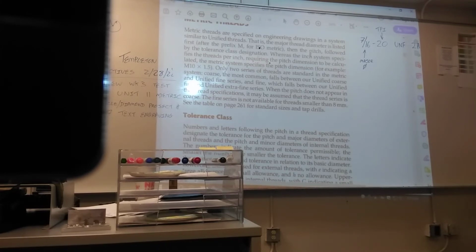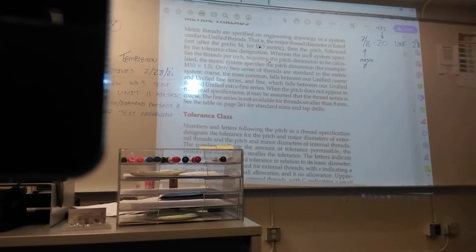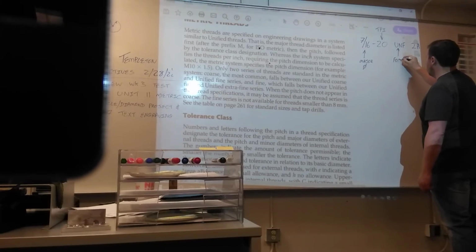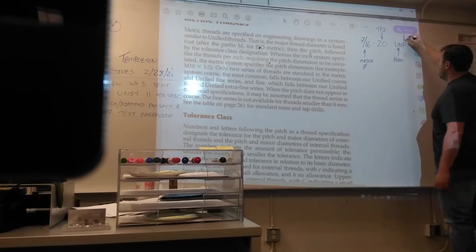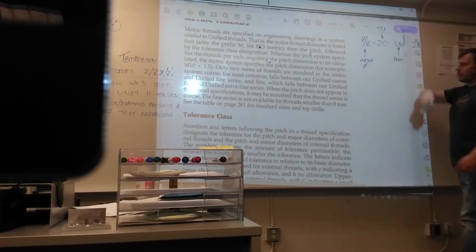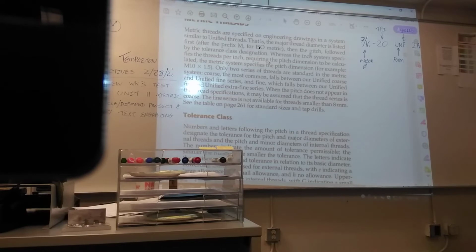The series. The form. The shape of the thread. Right? The shape of the thread. Form. The other one is this. The class of fit is 2. F is the series. So what is the form trying to tell you? We talked about it earlier.